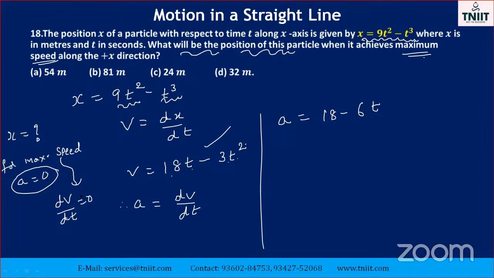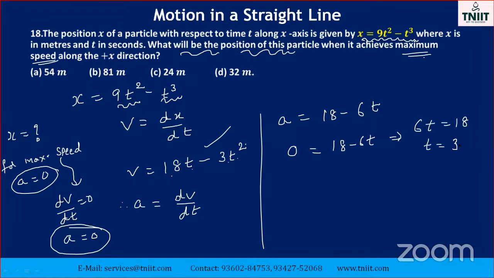So dv by dt is acceleration, and acceleration is 0, which is equal to 18 minus 6t. So 6t is equal to 18, t is equal to 18 by 6, that is 3 seconds.